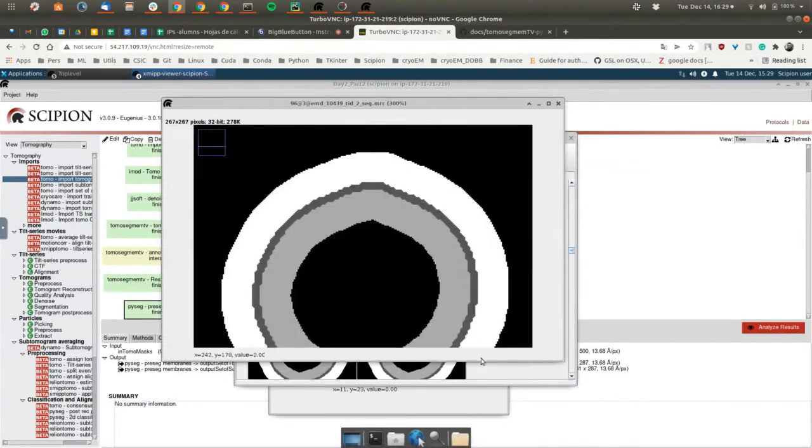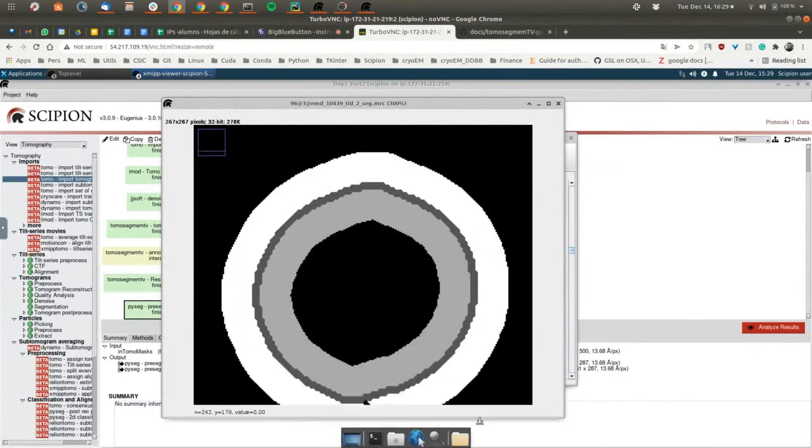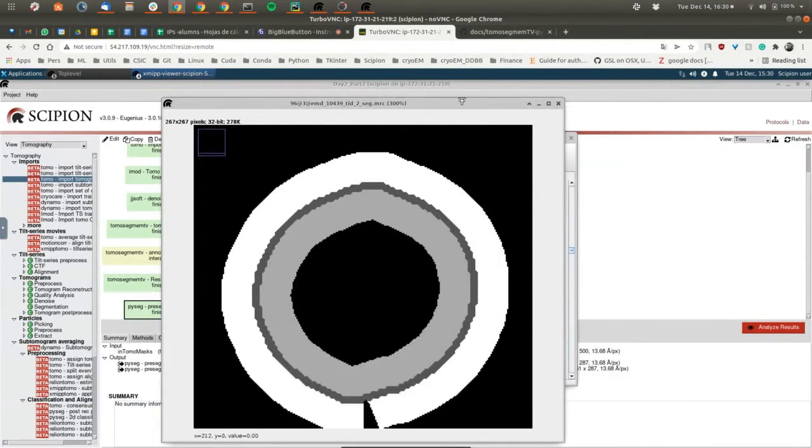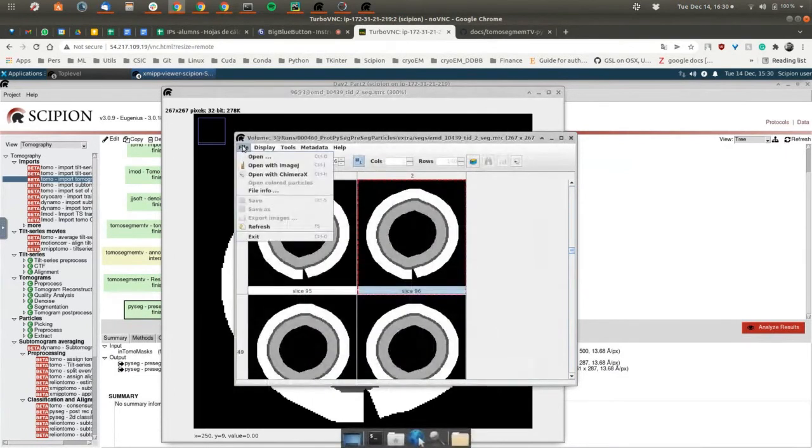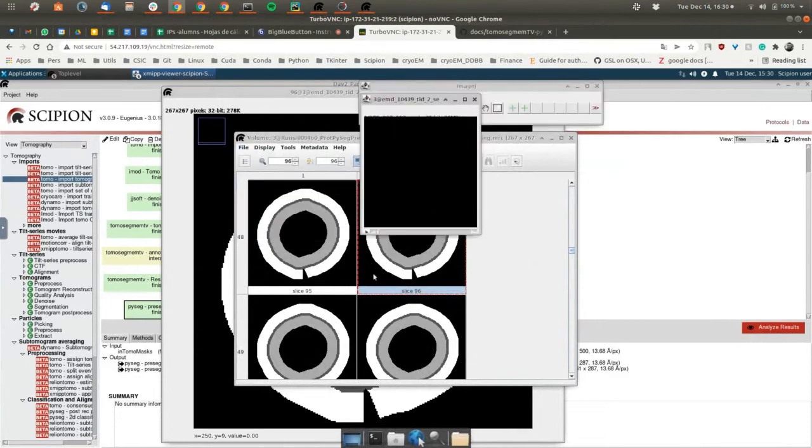Okay, and now it is possible to call ImageJ from here, but I would like to open with ImageJ. I don't know, maybe I have a different version of it.